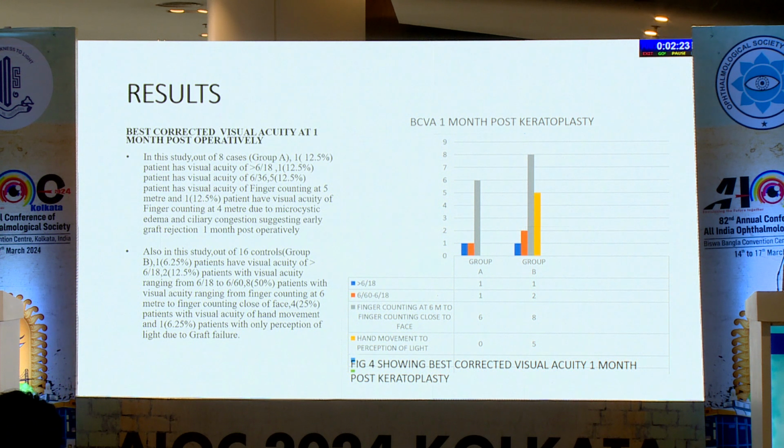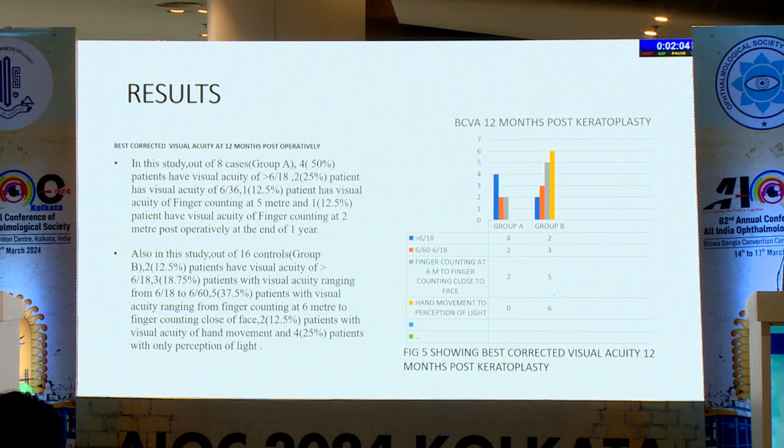In group A, 6 patients had visual acuity of less than finger counting at 6 meters due to microcystic edema and ciliary congestion, mainly suggesting early graft rejection, whereas in group B, 4 patients had visual acuity of hand movement and 1 patient had only perception of light due to graft failure.